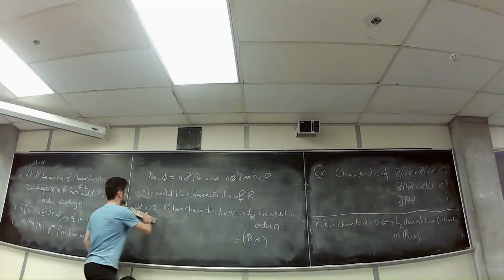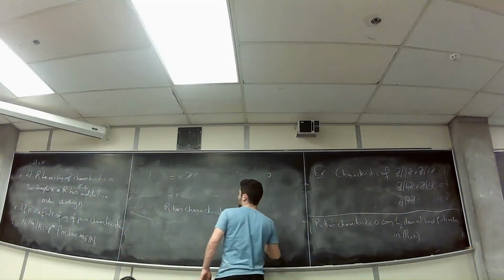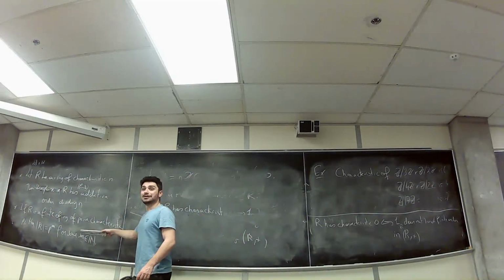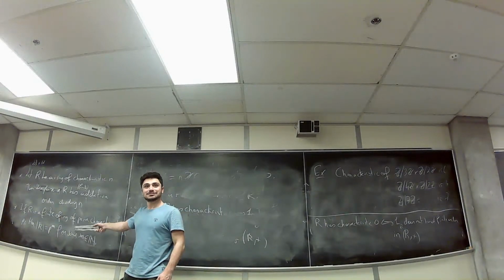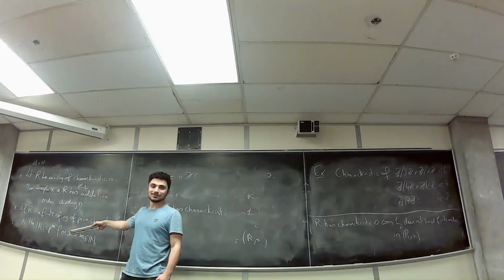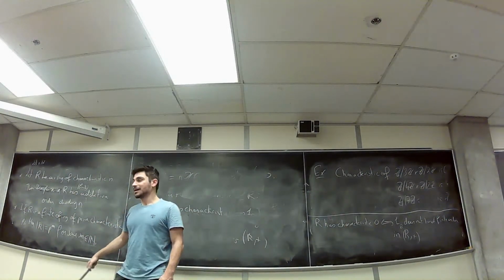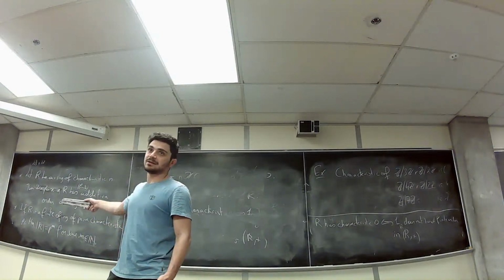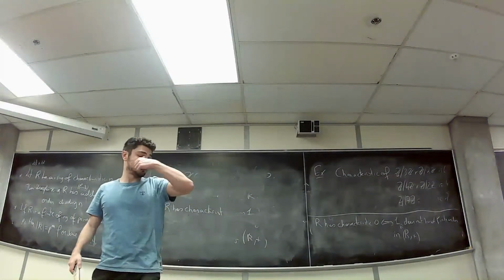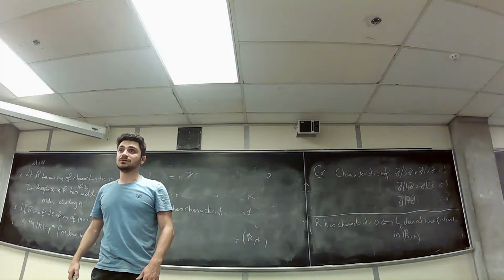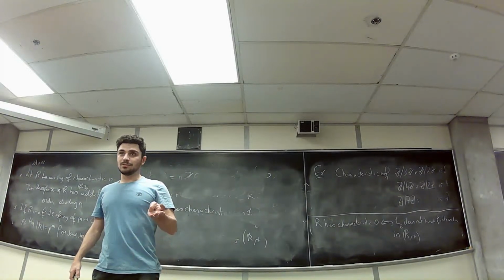Great. Now what else? I can give you a counterexample showing that if R does not have prime characteristic, R doesn't have to have size P to the M, even though R is finite. For example, Z4 cross Z2. What's the characteristic of Z4 cross Z2? 4, right?